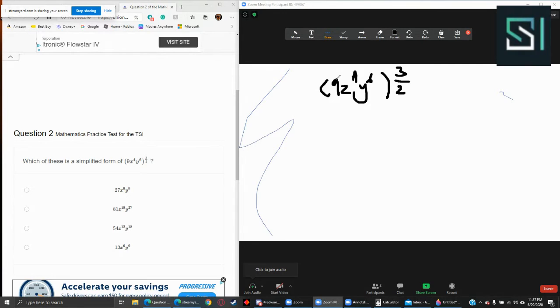You're just going to have to multiply 3/2 times the exponents that are inside, right? And then also change the coefficient. The coefficient has to be changed as well. So when you multiply 9 times 3/2, which is the same thing as 1.5.